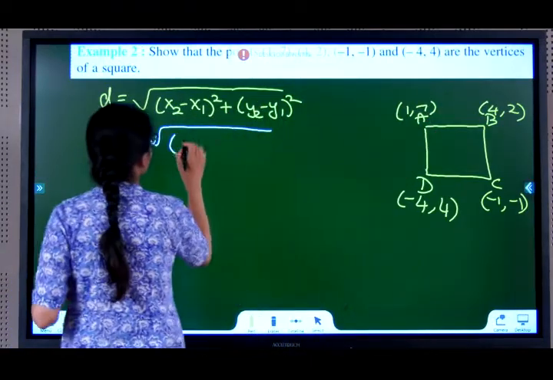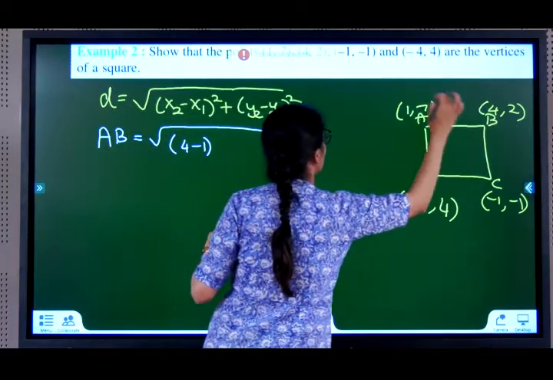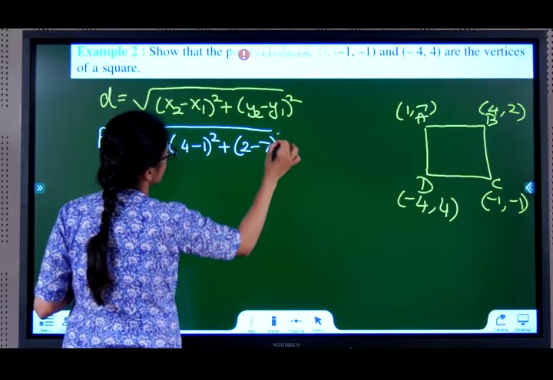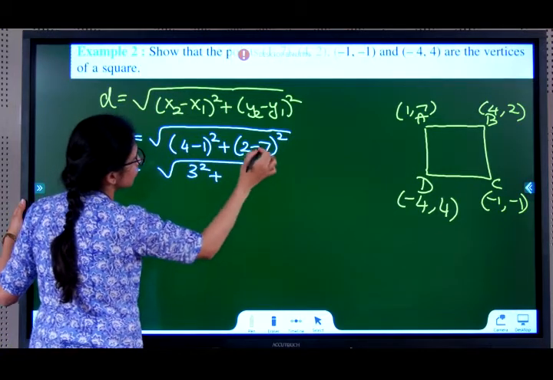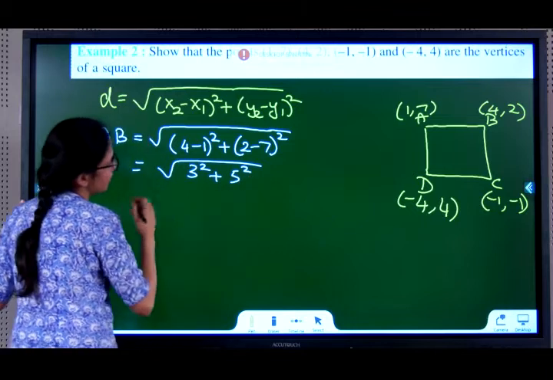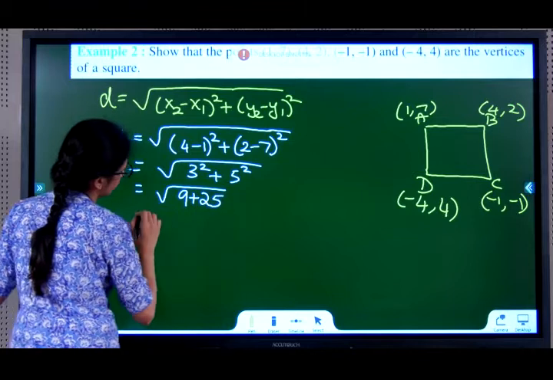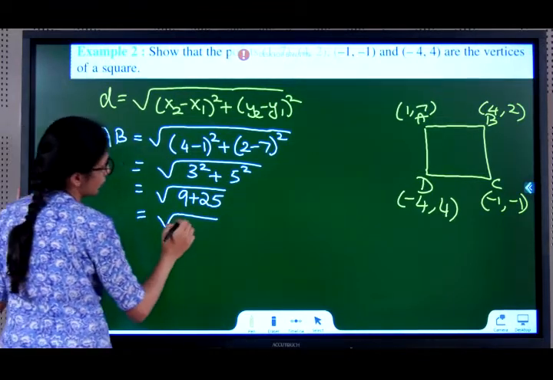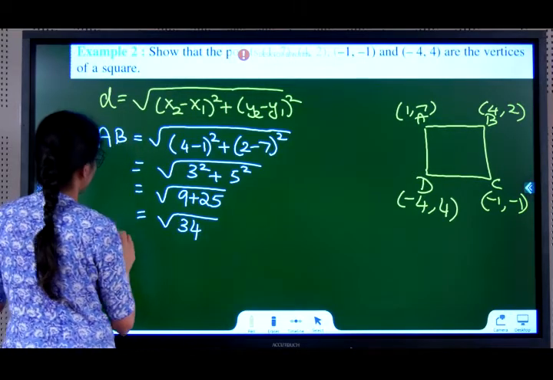So (4 minus 1) the whole square plus (2 minus 7) the whole square. Root of 3 square plus (-5) the whole square, minus will go away, 9 plus 25. What is 9 plus 25? Root 34. Leave it as it is.